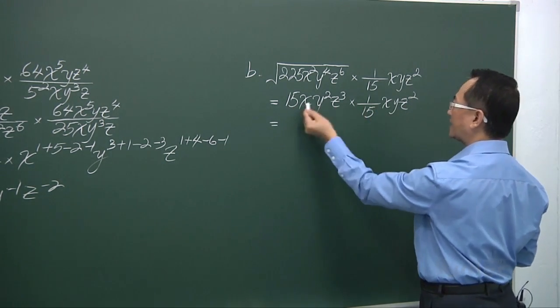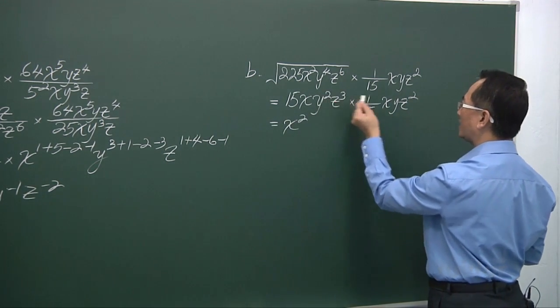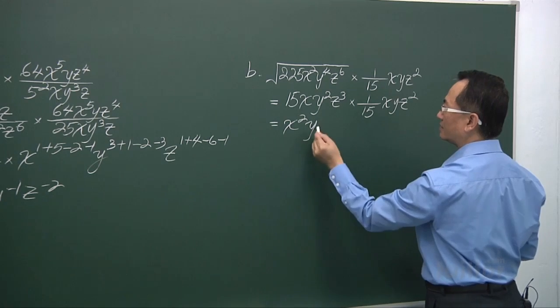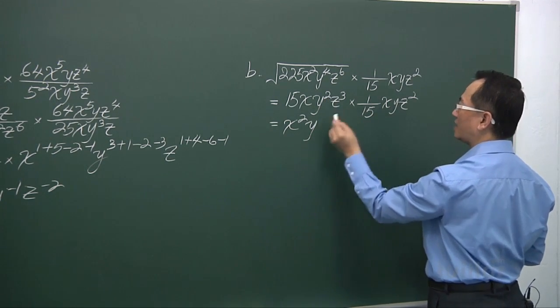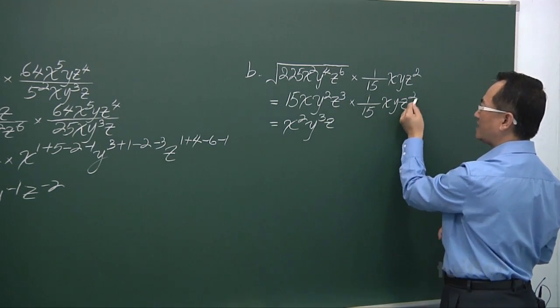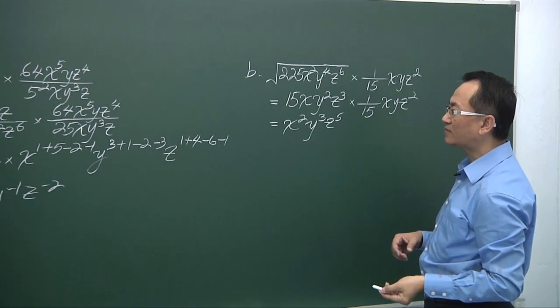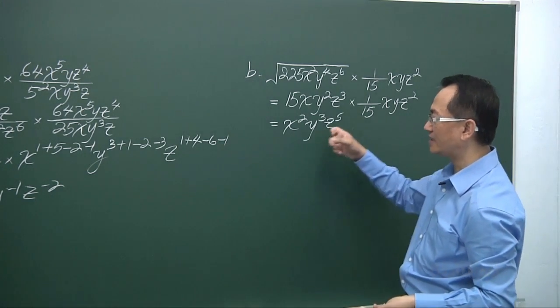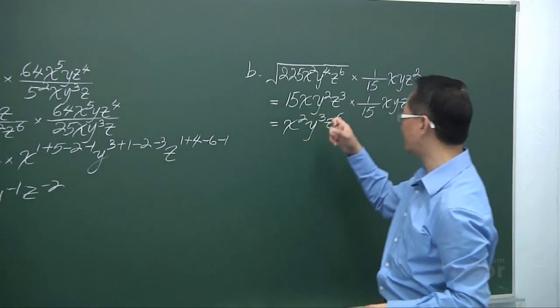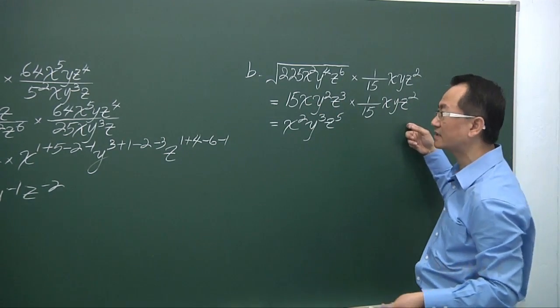X times x is x squared. Y squared times y is y cubed. Z cubed times z squared is z to the power of 5. So sometimes we don't have to write it in this way if it's simple enough to do the computation for the integers.